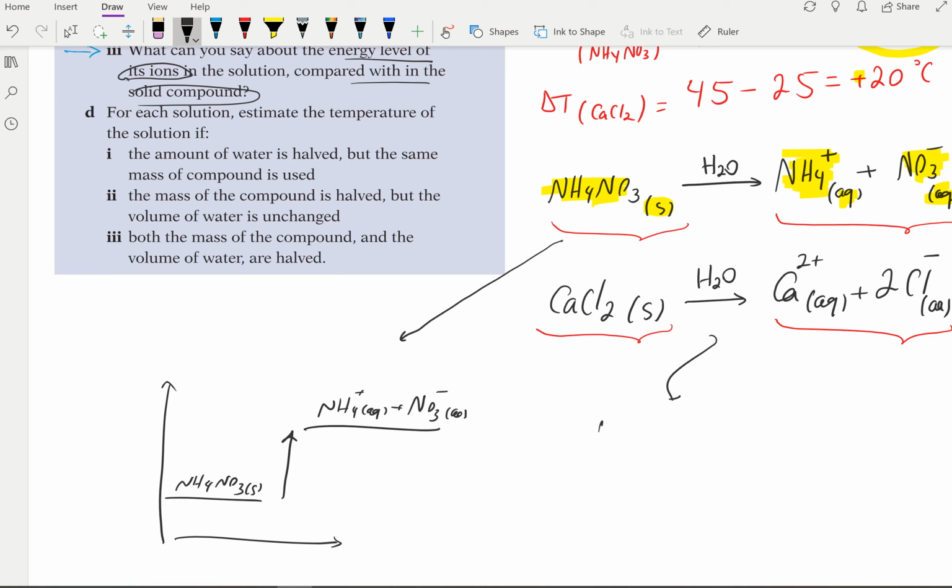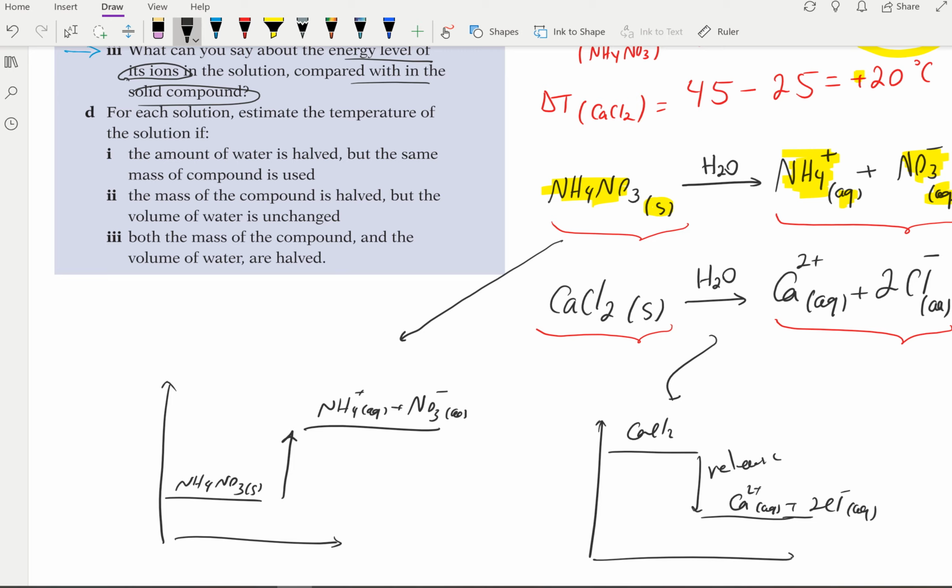For this one, if this is the energy of the ions in the solid CaCl2, the energy level of the ions inside the solution would be less than that one because the reaction is exothermic and the energy is released here.